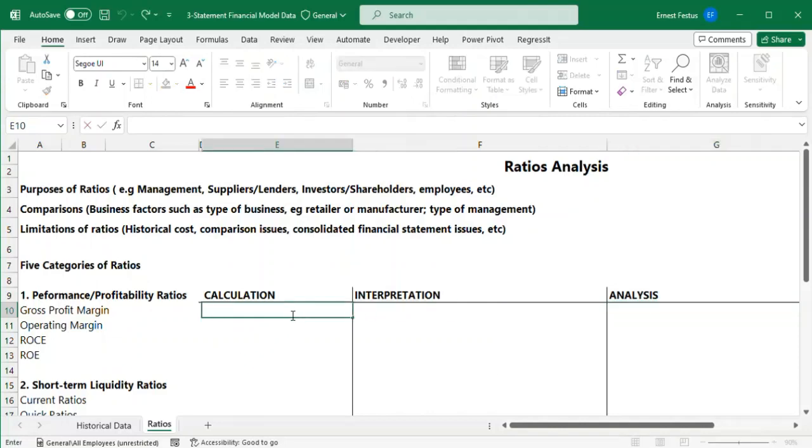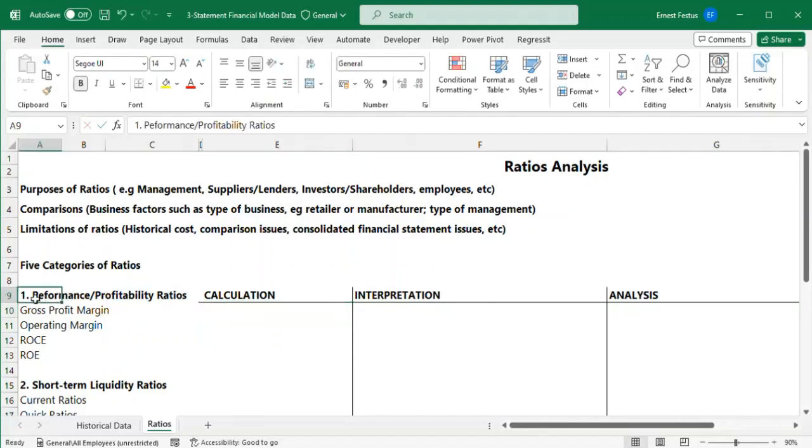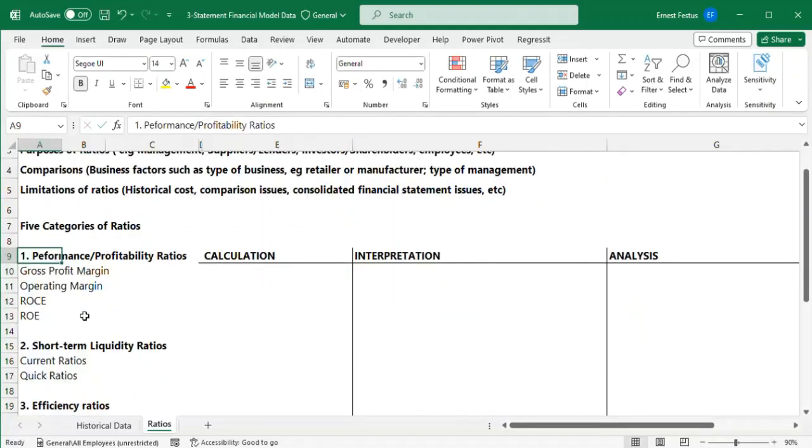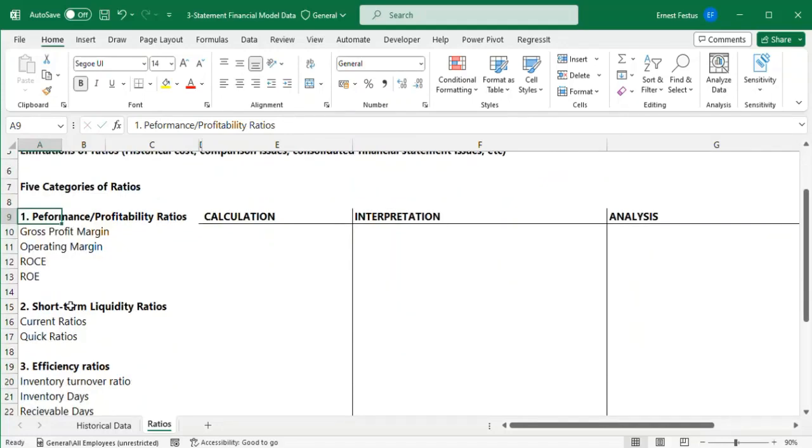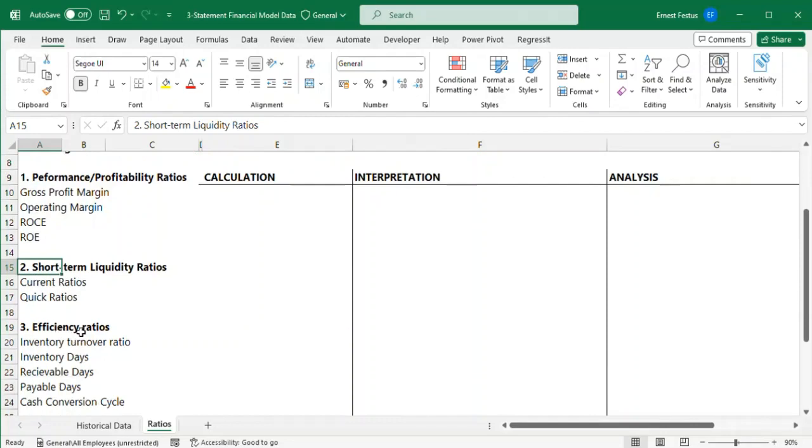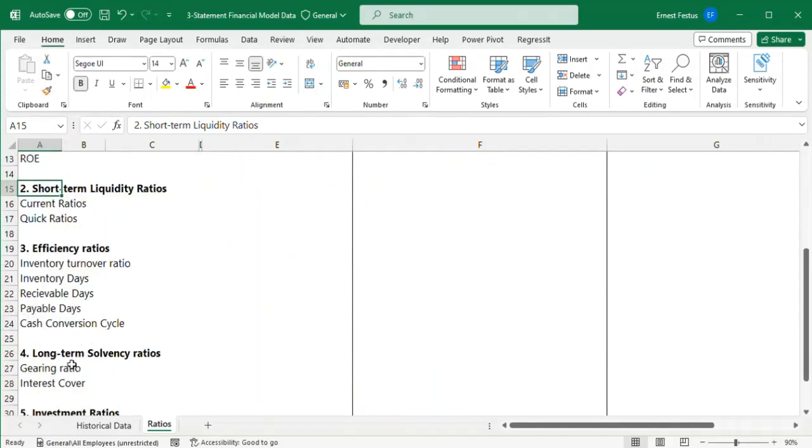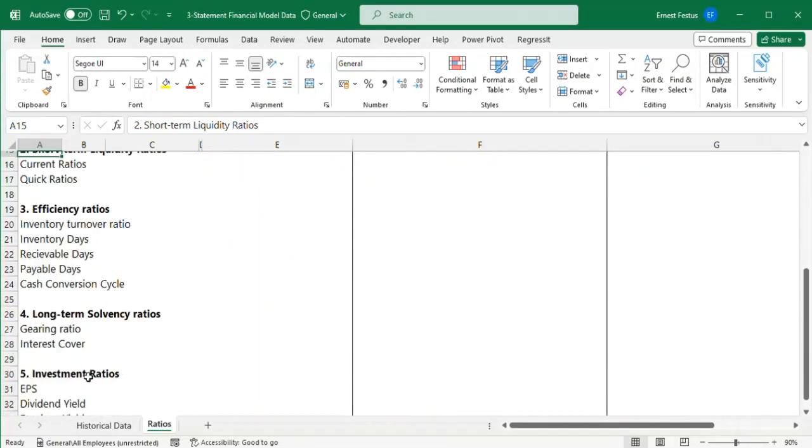So there are 5 broad categories of ratios that we have. We have the performance or profitability ratios. We have short-term liquidity ratios, efficiency ratios, long-term solvency ratios, and investment ratios.